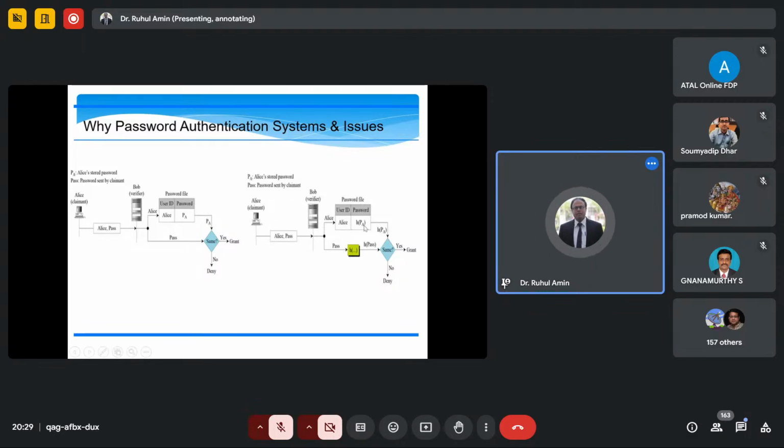But if your password is low in entropy, meaning the information is not that random, then it can be easily guessed.